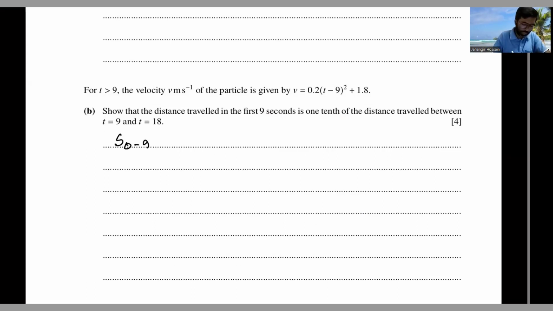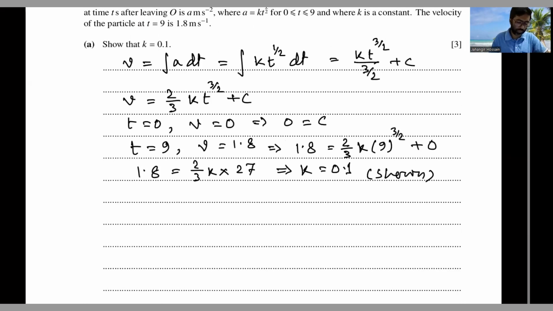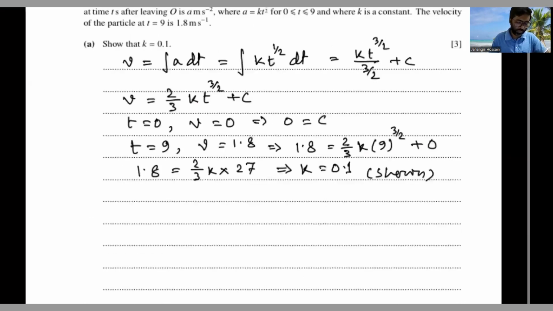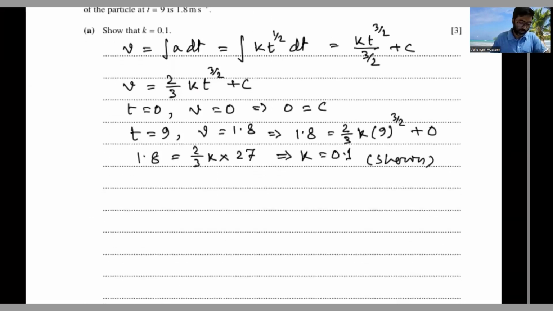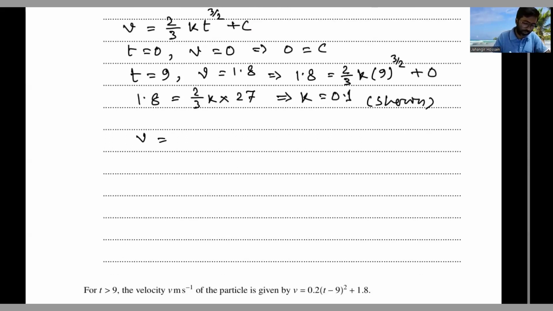S from 0 to 9, the distance traveled, is the integration of v over the limit of 0 to 9. Remember, k is 0.1, and v is 2/3 k, that is 2 into 2 by 3 into 1 by 10, so v is 1 by 15 e to the power 3 by 2.